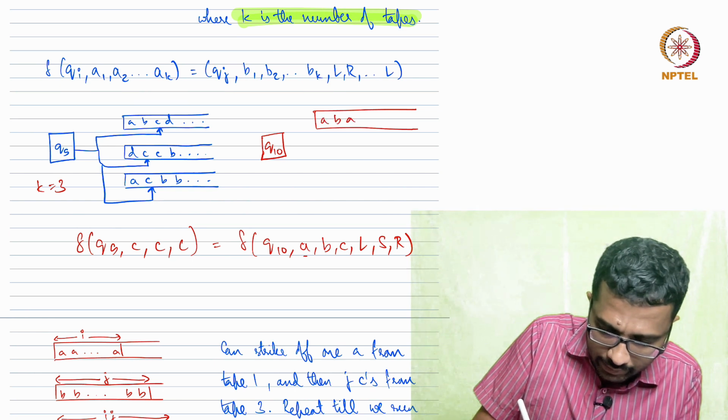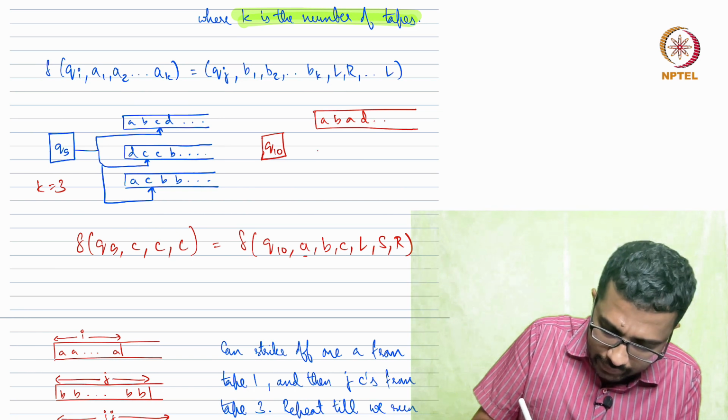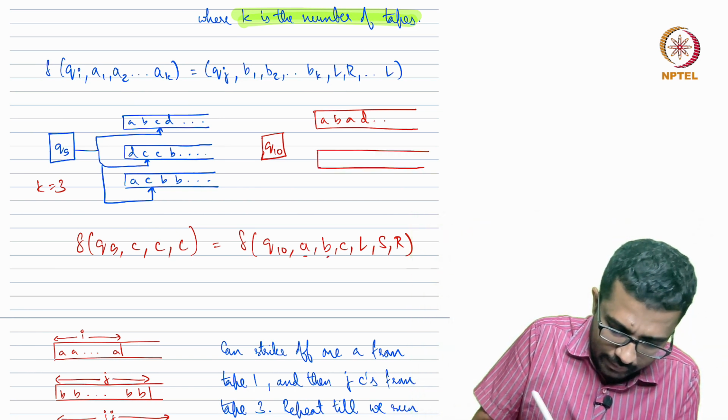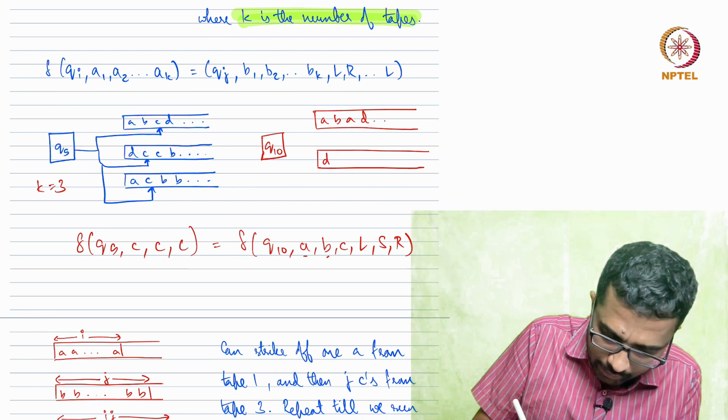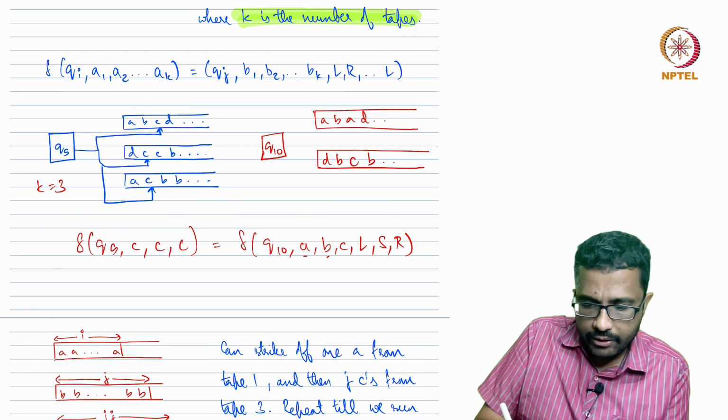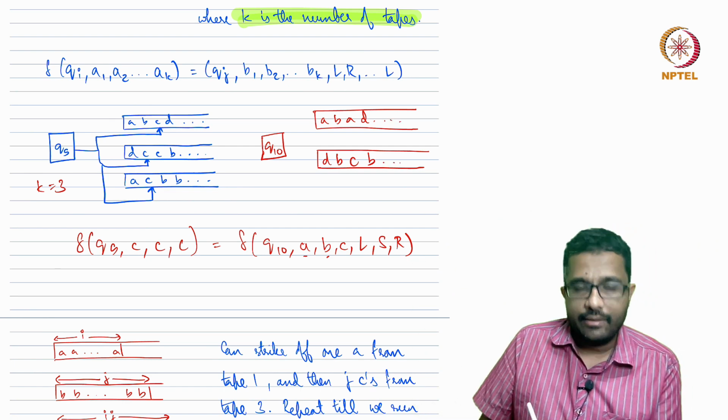So now this becomes A. On the second tape you write B, so it was pointing at C, so it becomes B. Wherever the head was not pointing, those symbols are not changed.